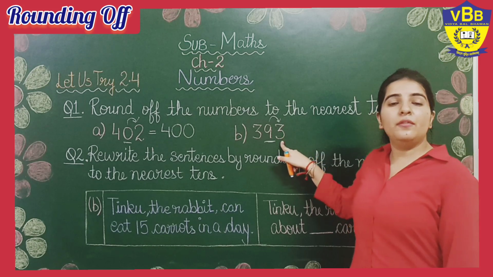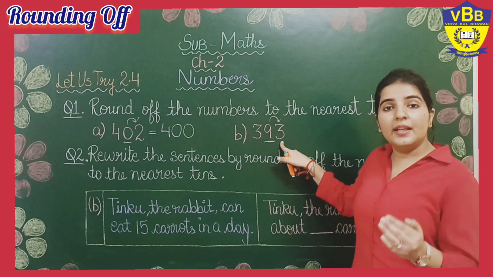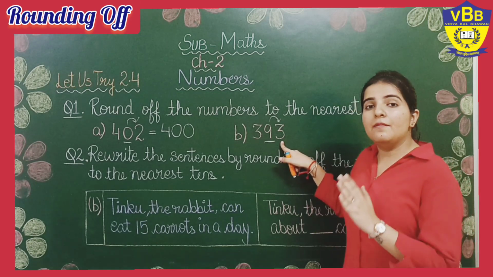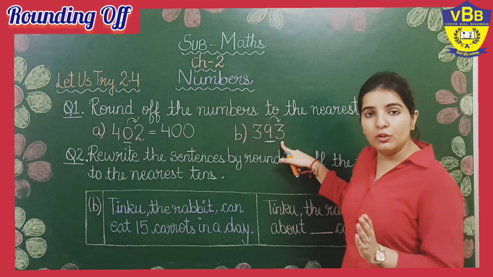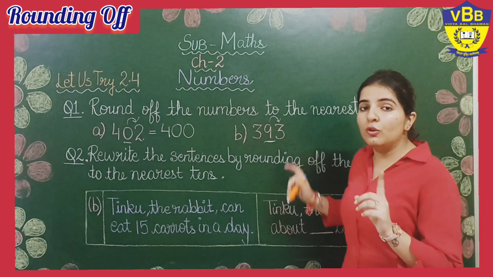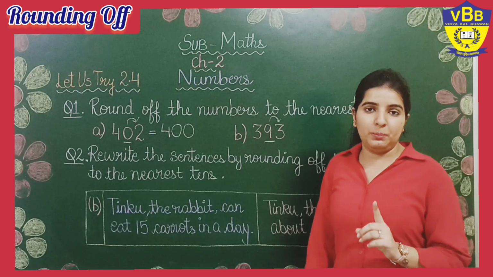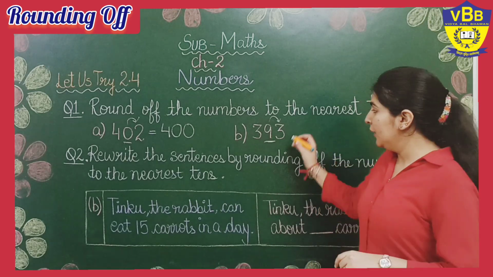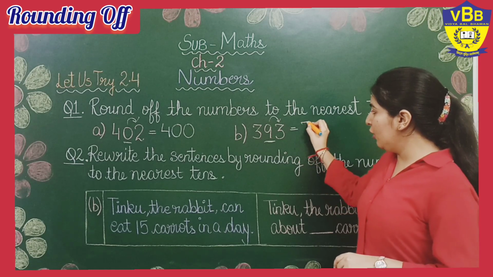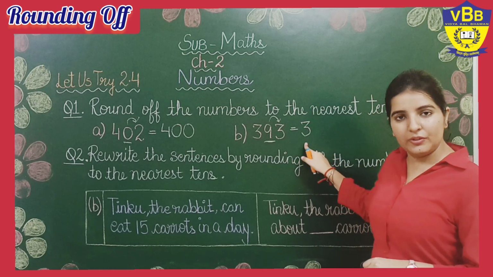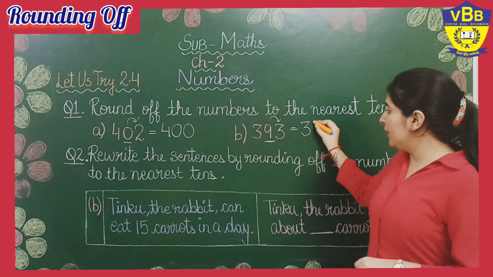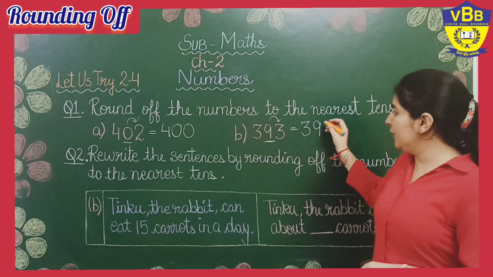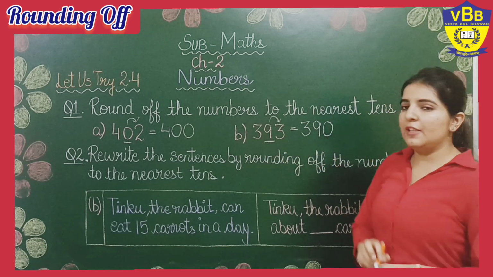Now again we will follow the rule. 3 again lies from 0 to 4, and when the number lies between 0 to 4, there is no change. 9 will remain 9 because there will be no change, and the ones place will change into 0.